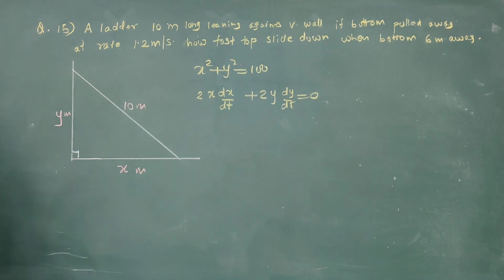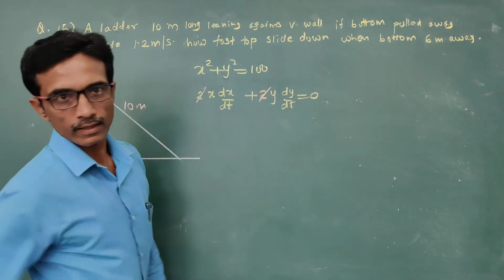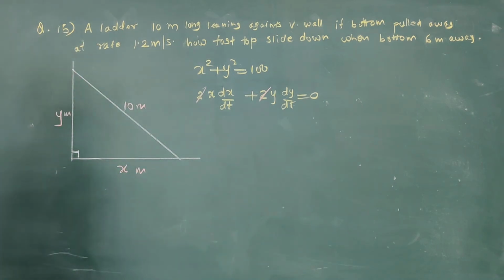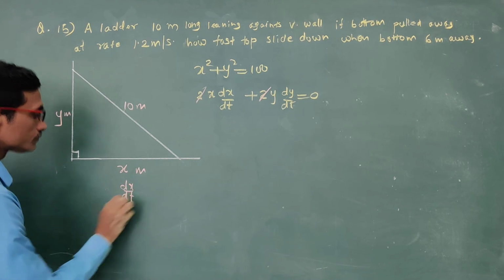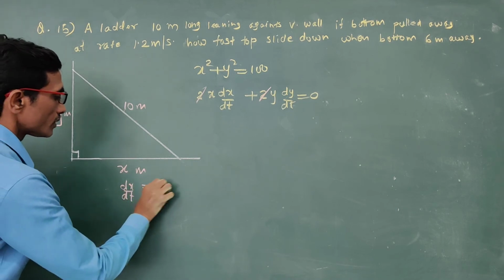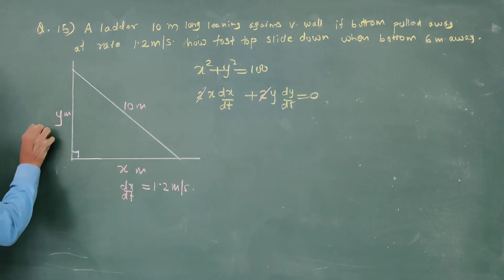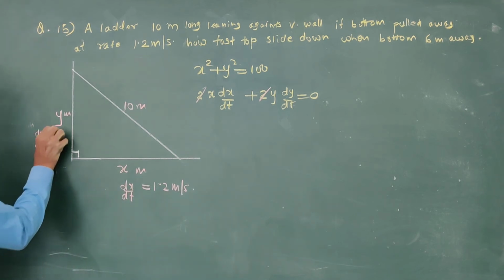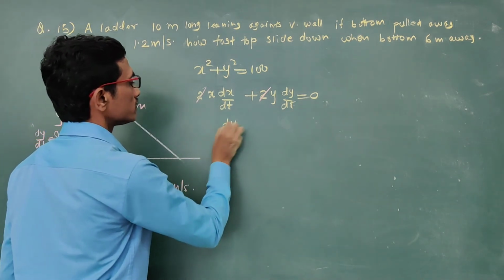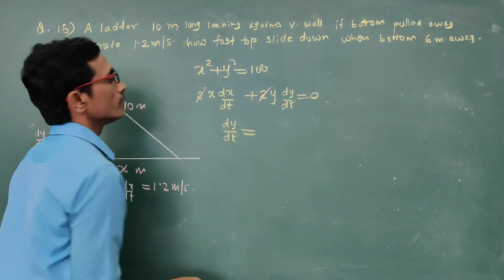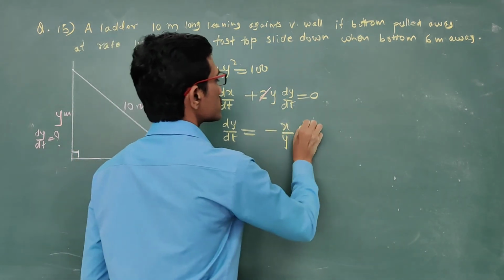Here the right hand side is 0, so we can cancel the 2. What is asked to find? dx by dt is given, it is 1.2 meter per second, and dy by dt is to be found out. So dy by dt will be minus x upon y into dx by dt.